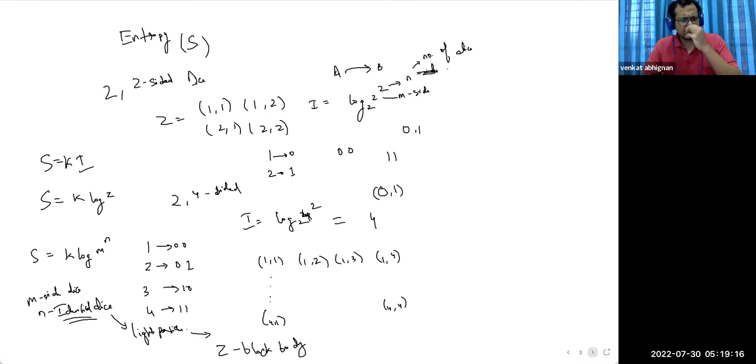I feel the important connection I made between the entropy and the black body radiation is on this page, where I take n identical m-sided dice, and I get the number of configurations possible for such a scenario, and that is the entropy for essentially the black body that I'm using.